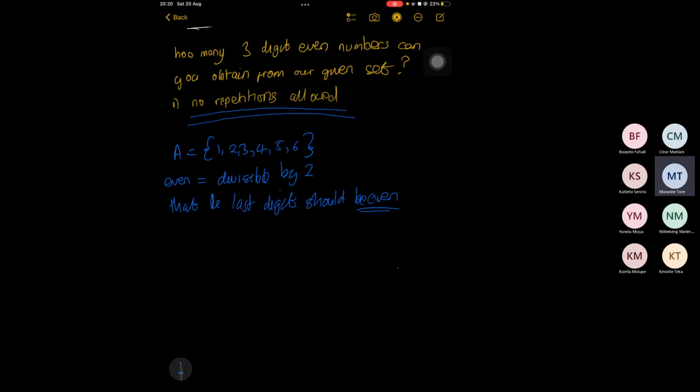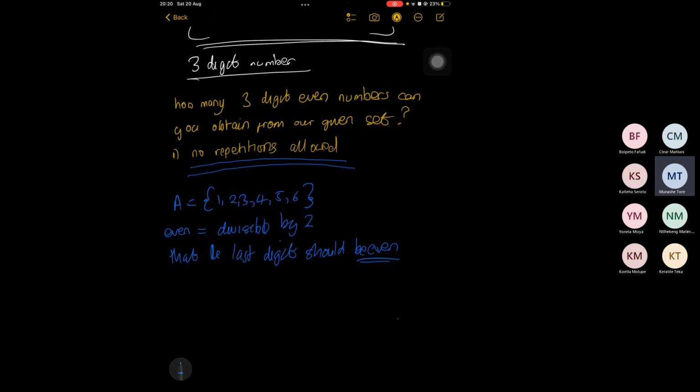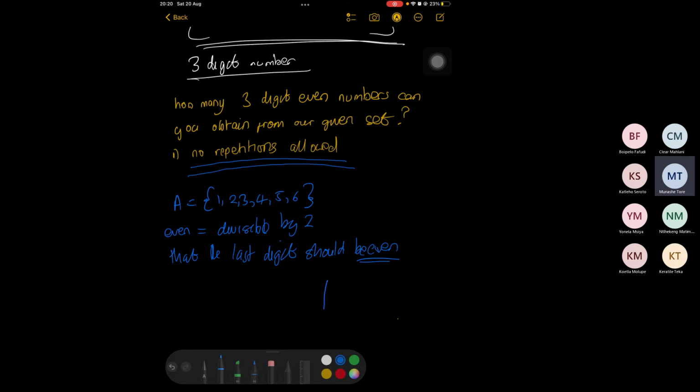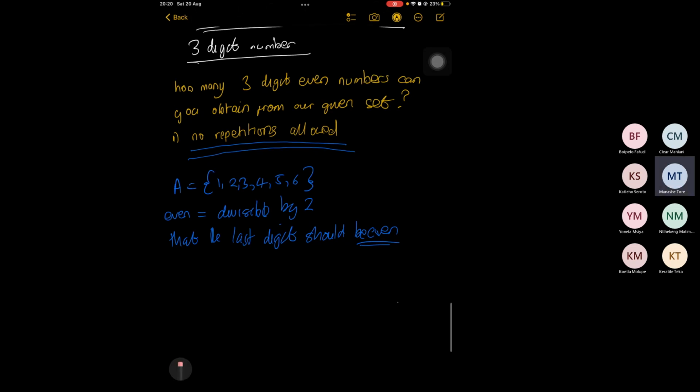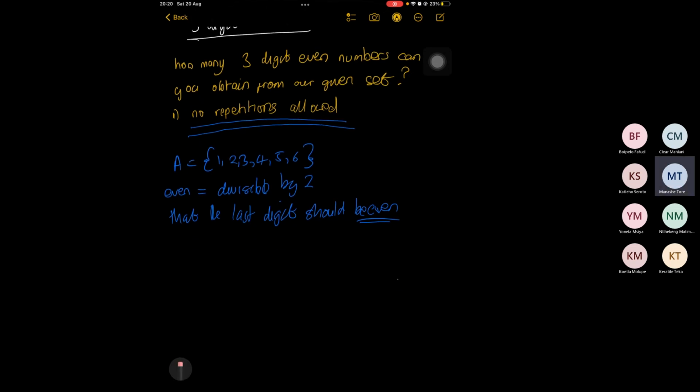Because I remember how he asked this question: how many 3-digit numbers can you obtain from the set that are divisible by 2? Any number divisible by 2 is just an even number, it's one and the same thing. So for the number to be divisible by 2, the last digit on its own should be even.